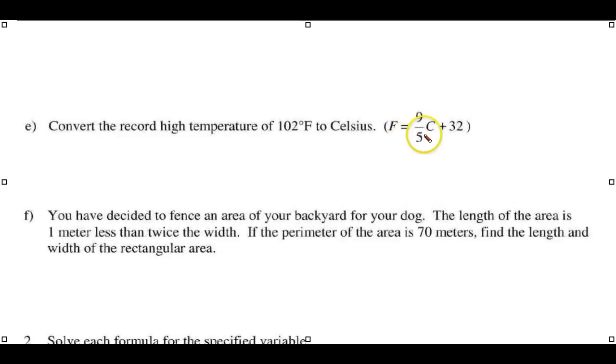In letter E, we're using the formula F for Fahrenheit equals 9/5 your Celsius plus 32, and we're saying our Fahrenheit temperature is 102.